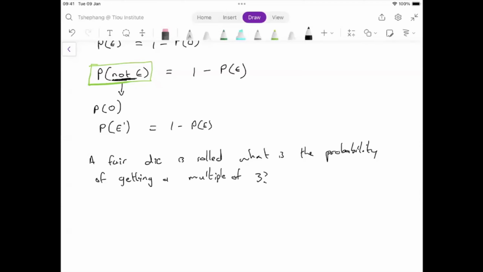This is a question that I'm asking you guys. If you have an answer for me, you're more than welcome to post it in the chat. So a fair die is rolled once. What is the probability of getting a multiple of 3? Okay, I'm already getting answers in the chat. Thank you so much, guys. I'll give you 20 seconds to quickly think about it.